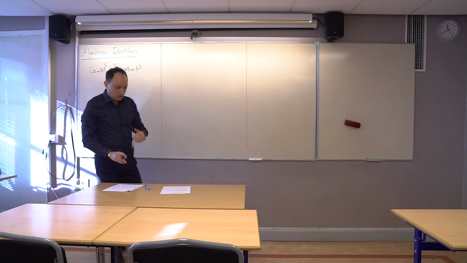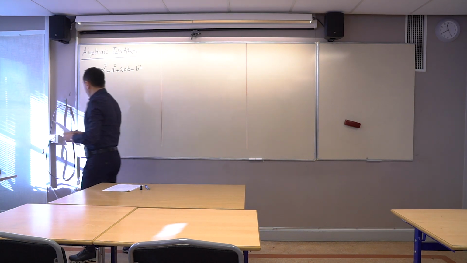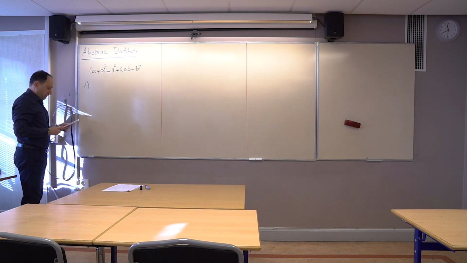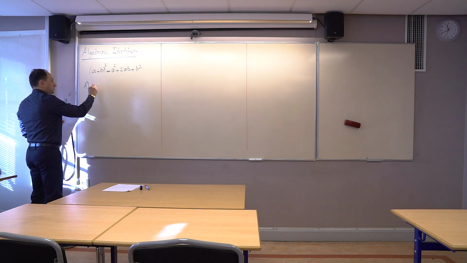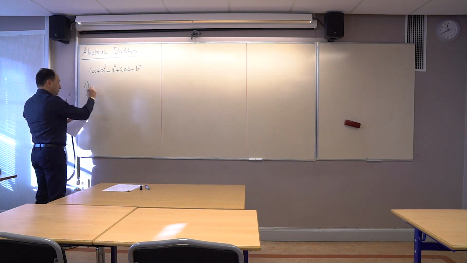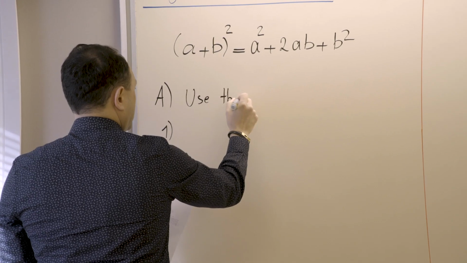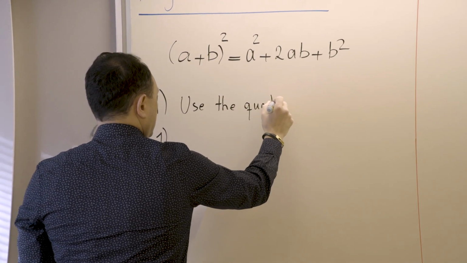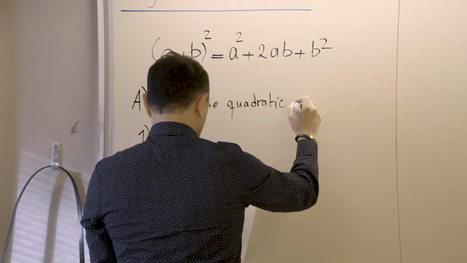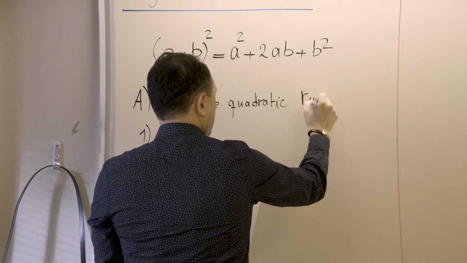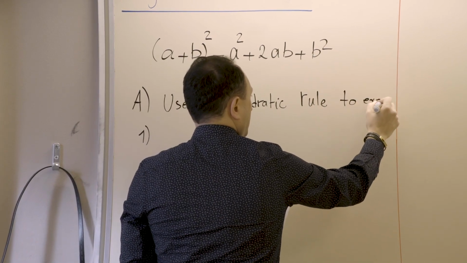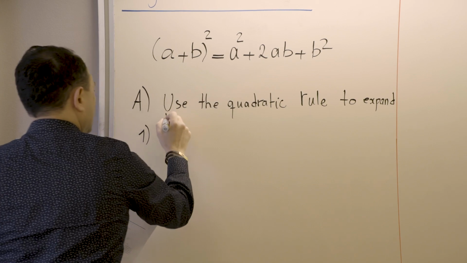So if you don't mind, let us go directly to problem number A. I know that this is super simple for you by now, but let us have the opportunity to solve it. Okay, so part 1 of problem A, this is the question. Use the quadratic rule, this is called the quadratic rule, to expand the following expressions.